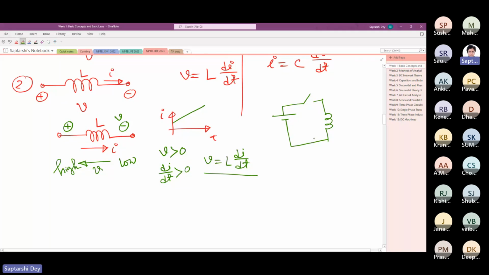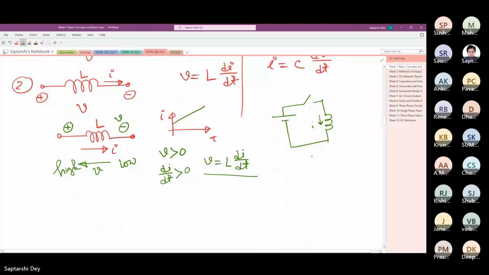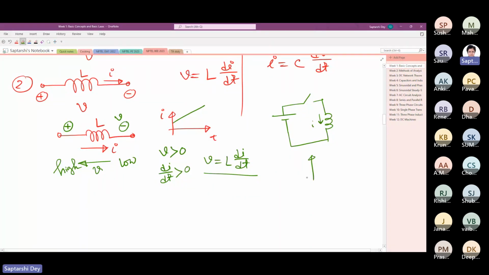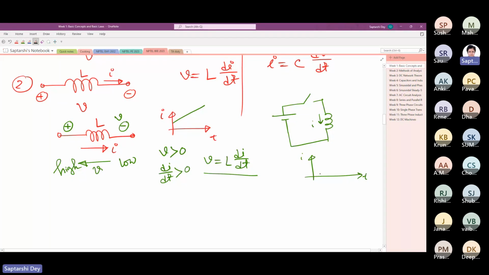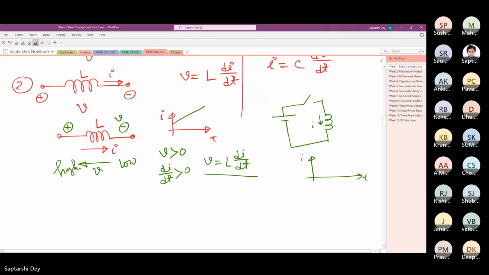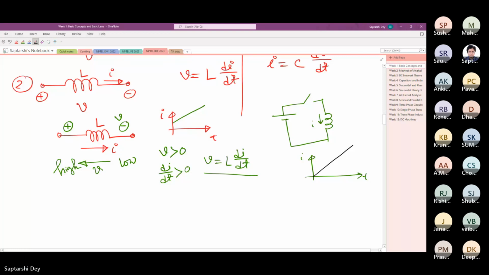If you look at the circuit current after closing the switch, this current will never stop increasing. This will increase forever. If your DC supply has the capability of providing infinite current, and if the switch and inductor can withstand that much current, this current will keep increasing forever linearly. So it may not reach a steady state.